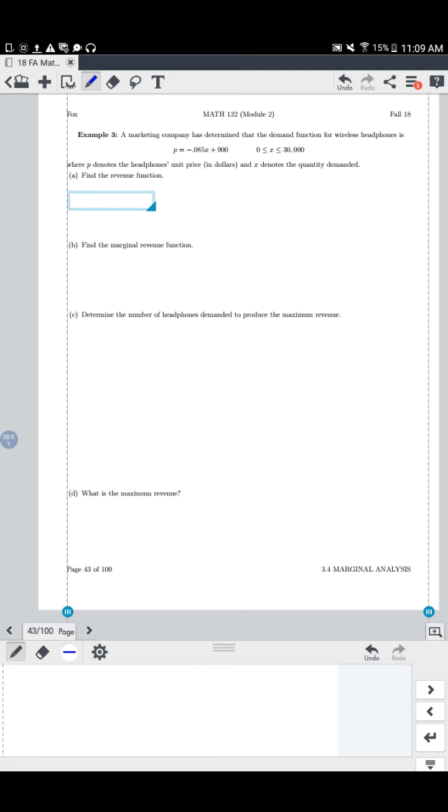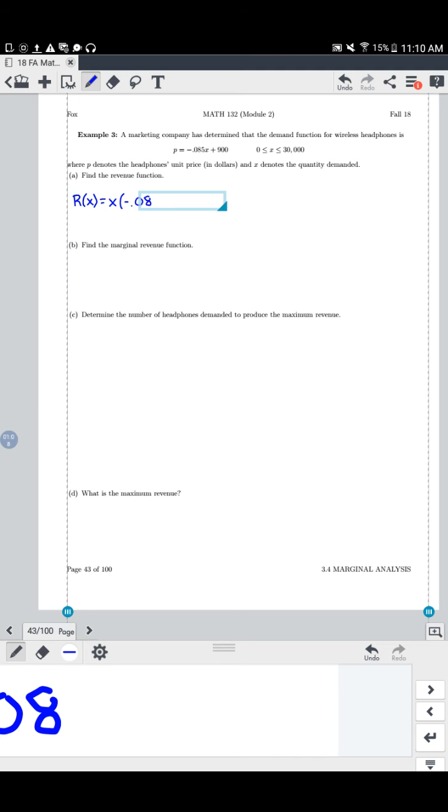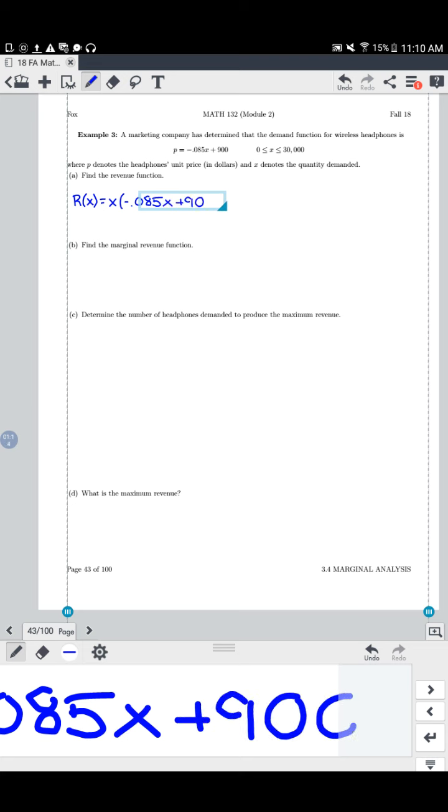So I'm going to use the formula from before. R of X is X times P. So X times P here is given to be negative 0.085X plus 900, replacing that P from above into our formula.